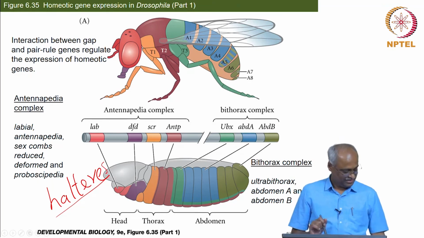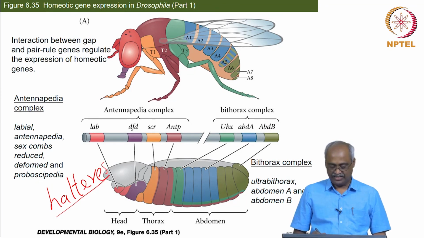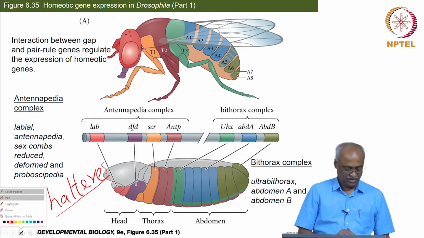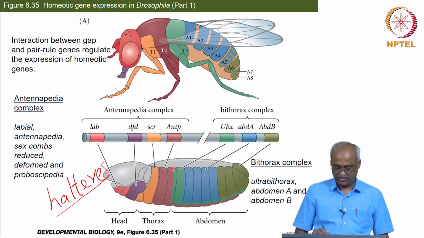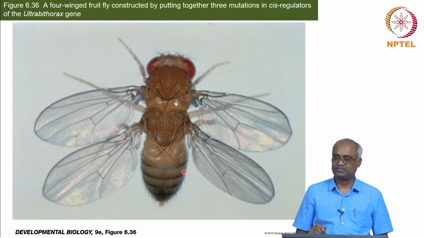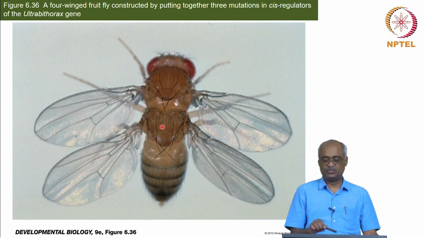Now what happens if I allow the antennapedia to express fully here and no ultrabithorax here? Expression-pattern-wise this will be like the second thoracic segment, which means a pair of wings and a pair of legs, and that is what happens here. So, this is one example.